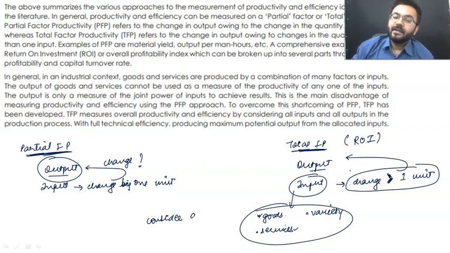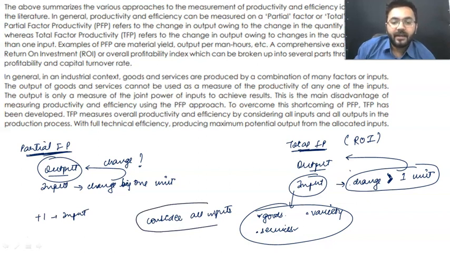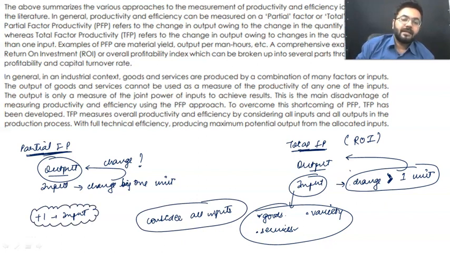Whenever we talk about an increase of plus 1 in input, that means every input has been increased by plus 1. It does not mean that only goods have been increased. Services and the rest of the inputs, whatever there is, each and everything has been increased respectively.